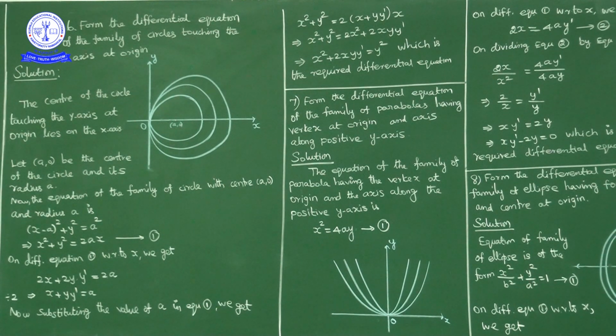Okay, now here we have two arbitrary constants, a value and b value. Okay, so to eliminate a and b, we have to differentiate with respect to x twice.